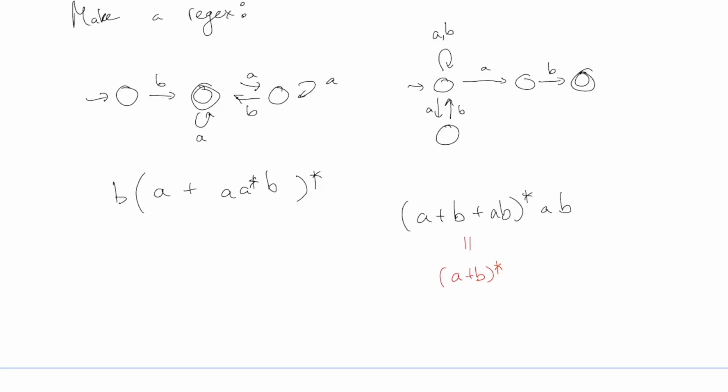Well, this one says you could use A's or B's, or you could use A followed by B. But that's already allowed from this one. So this is kind of redundant, although it makes sense to write that given that this is what the diagram said. But the fact is, this part of the diagram is redundant with this. If you want to do A and then B and then end up here, you could also just do A and then B up here. So this is sort of redundant because the diagram is kind of stupid to begin with.